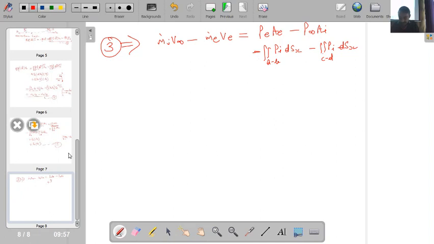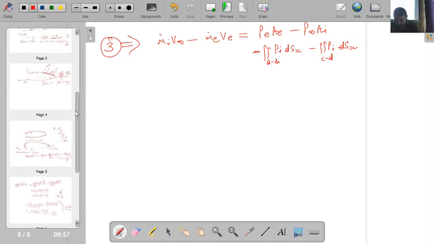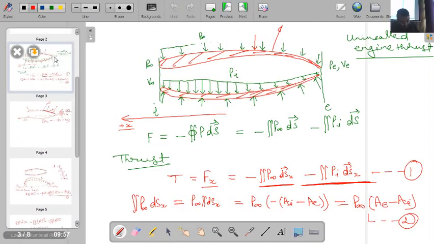And one more equation I had at the back, equation number 1. If I substitute equation 2 into it, equation number 1 becomes T equals, in place of the integral P infinity ds, P infinity times AE minus AI. With the minus sign, that becomes AI minus AE, and then I have this integral also.